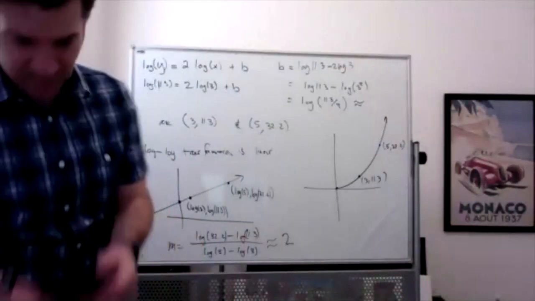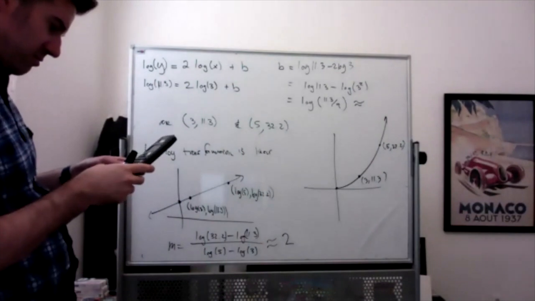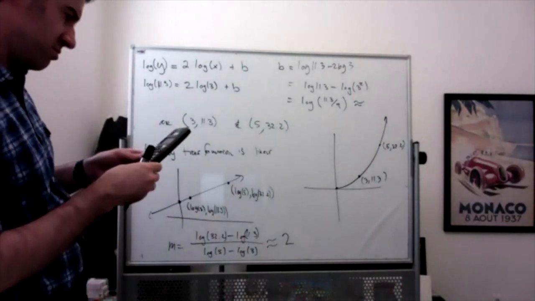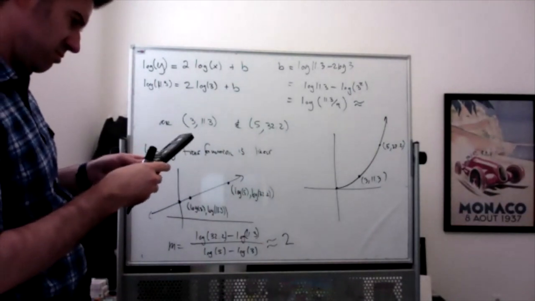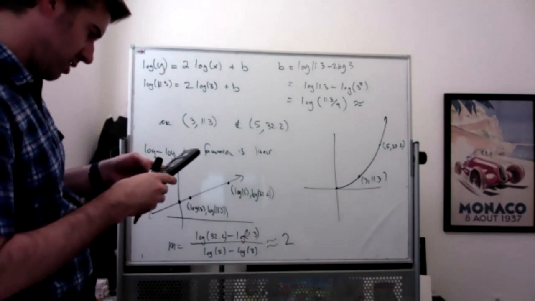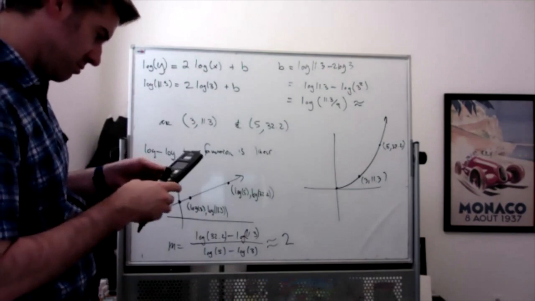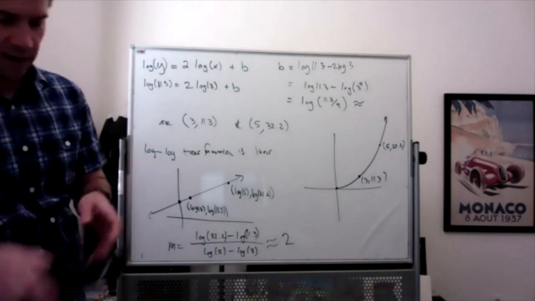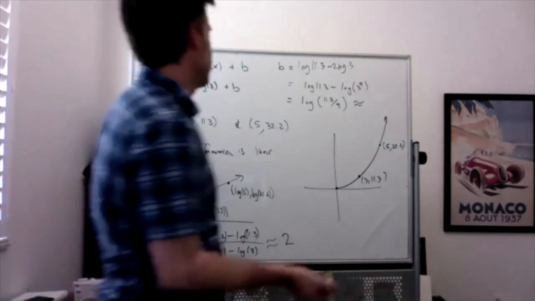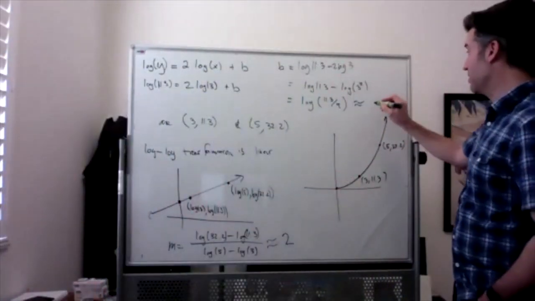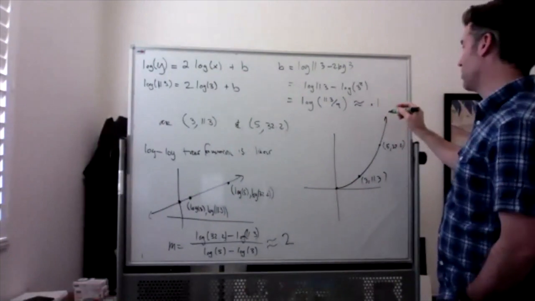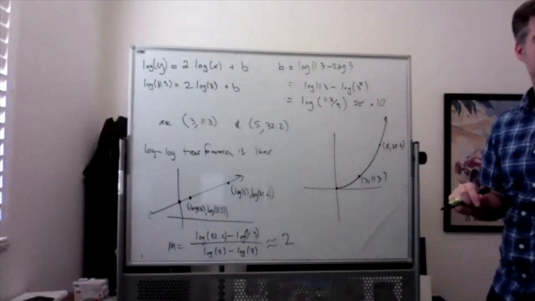Sorry, when something feels wrong, it feels wrong. Nope, that's it. Oh, yeah. I see the mistake I'm making. It is a dumb mistake. 0.098, which I'm going to round to 0.10.